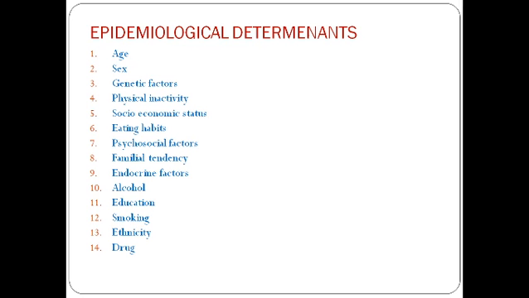Education. In most affluent societies, there is an inverse relationship between educational level and prevalence of overweight. Next is smoking. Reports that use of tobacco lowers body weight began to appear more than 100 years ago, but detailed studies have been reported only during the past 10 years or so. Next is ethnicity.